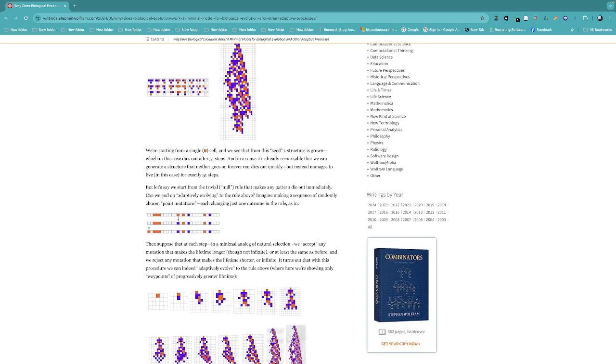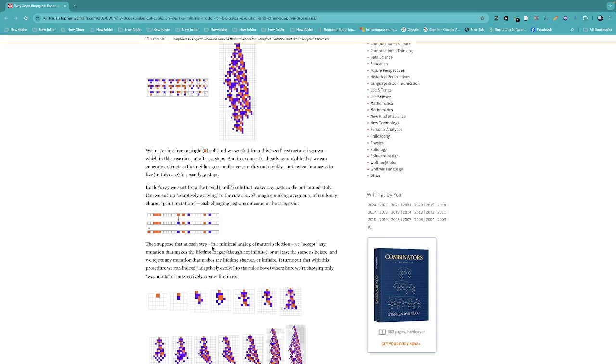Imagine making a sequence of randomly chosen point mutations. In this case, we have a one-dimensional array where we make point mutations. At any one point in this array, we change the state. So we mutate the state to a new state, and then we evolve the system and see what happens. Each mutation changes just one outcome in the rule, as in this example here.